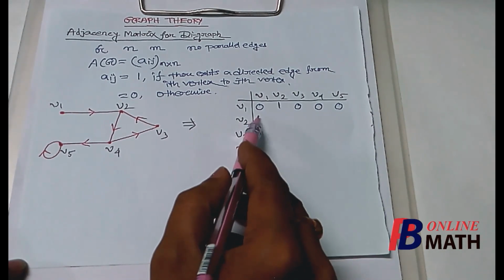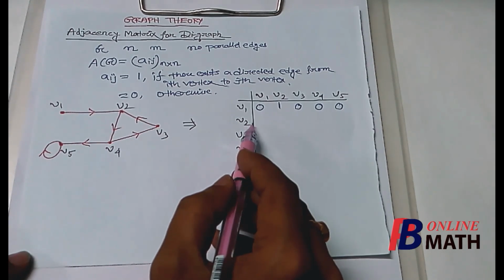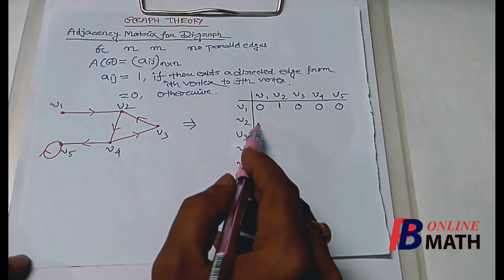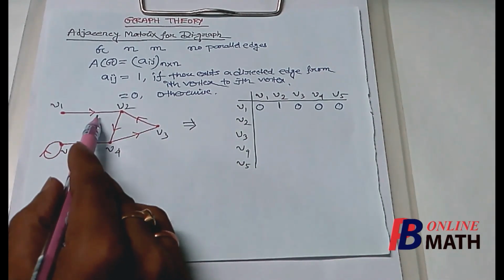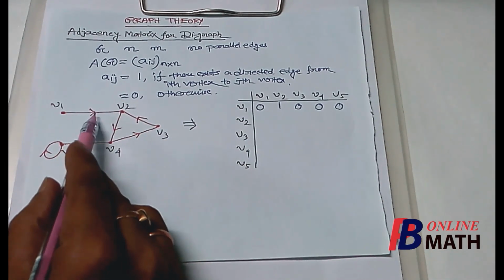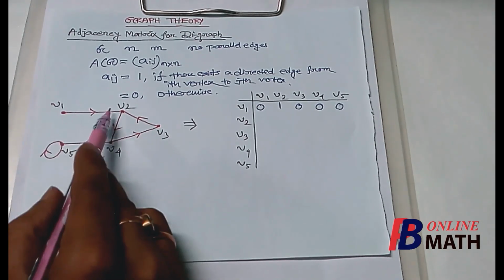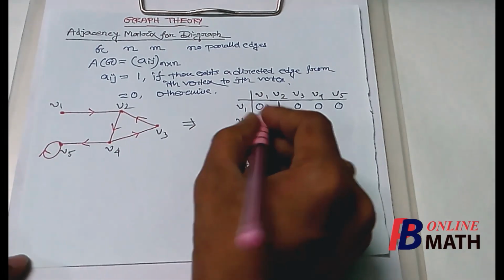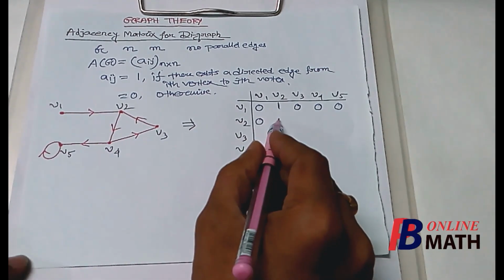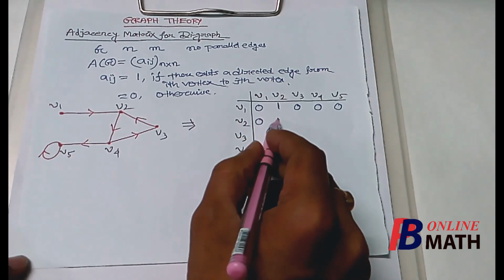Next we find this element. To find this element, we have to check whether there is any directed edge from V2 to V1 or not. We find that there is no directed edge from V2 to V1. There is one edge from V1 to V2, but there is no edge from V2 to V1. So we put 0 here. Next is this element. Let us find whether there is any loop at V2 or not.